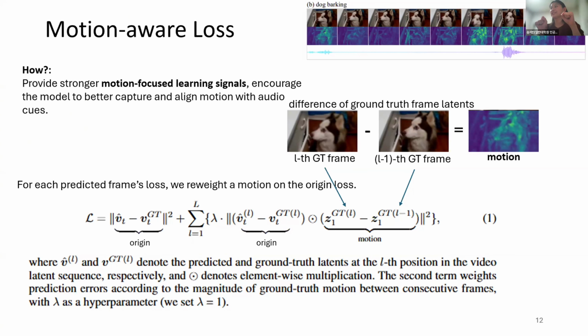I see. So it's more like a loss that enforces or puts some emphasis on the motions instead of directly emphasizing correlation. And the model needs to first make the motion correct and then use the correct motion to implicitly learn how to align with the audio. Is this the idea?